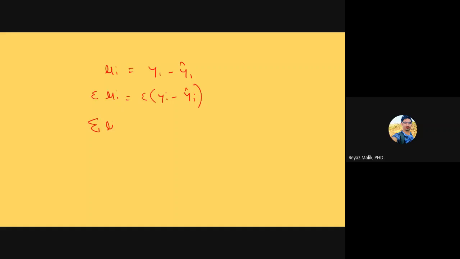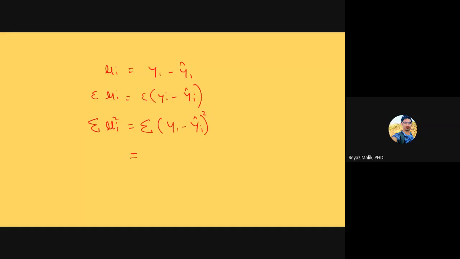Summation of ui square equals summation of yi minus yi cap, whole square.